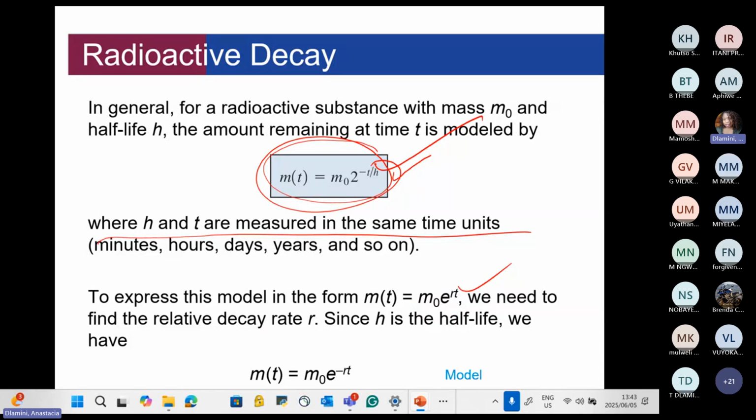We need to find the relative decay, which is r. Since H is a half-life, we can use this formula here. If we put H where we see t, according to this formula, this will be equal to half of its original.